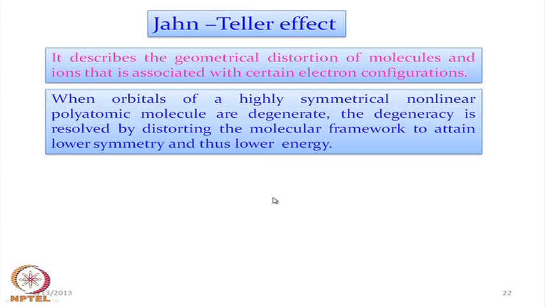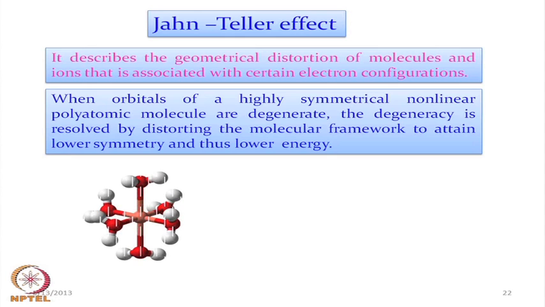That means at the expense of some level we get a lower energy situation and a higher energy situation, and the electronic configuration will dictate that it goes for one particular level compared to the other.